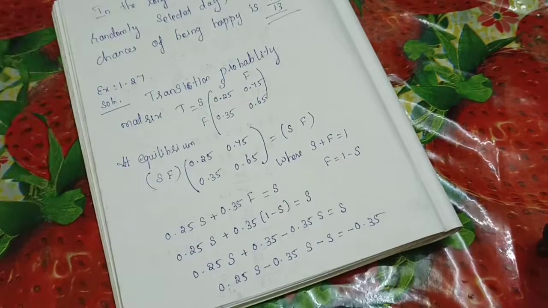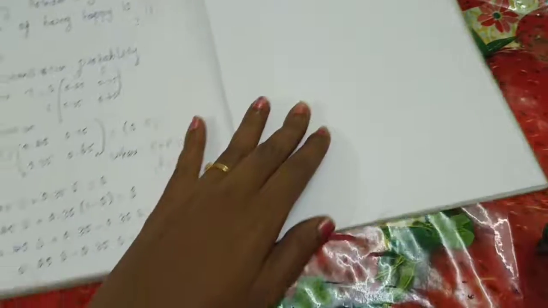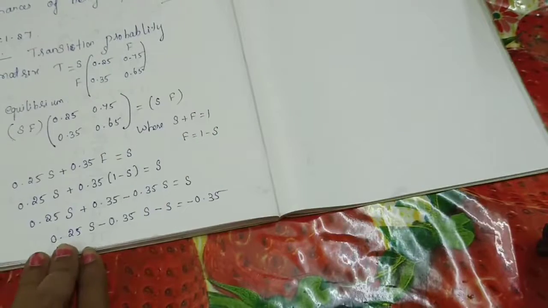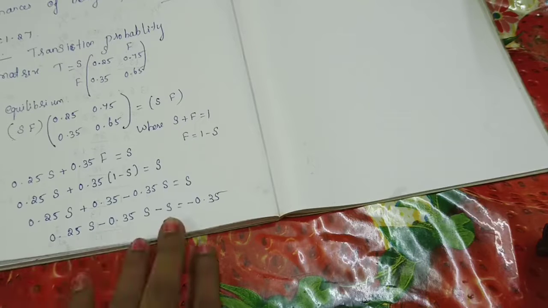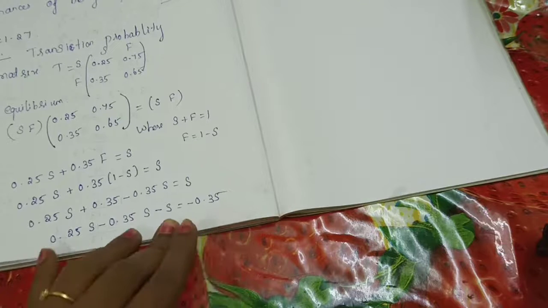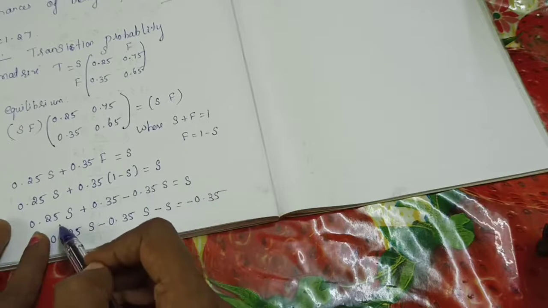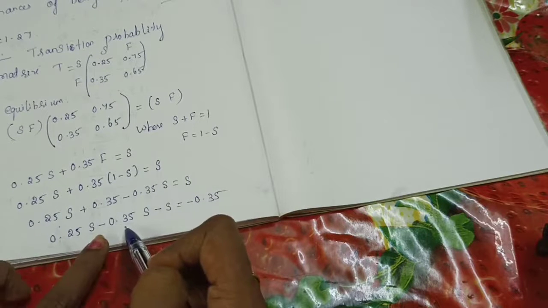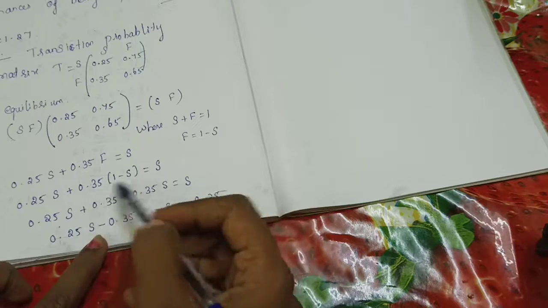Understand? Okay. Now you can add this. That is 0.25 minus this one. Is it right? So if we subtract, you will get the answer. That is 0.25 into S minus 0.35. I brought this to here, so minus.